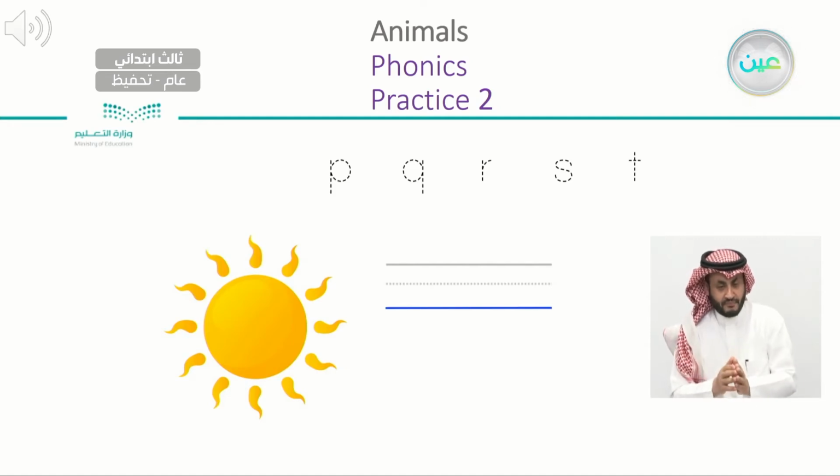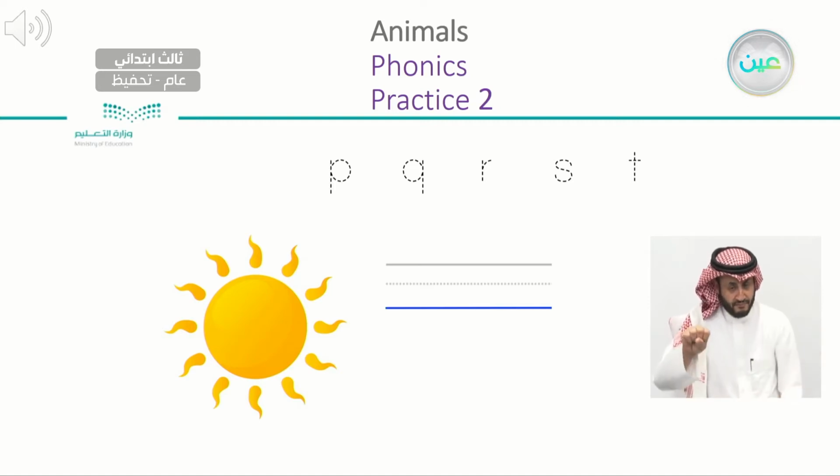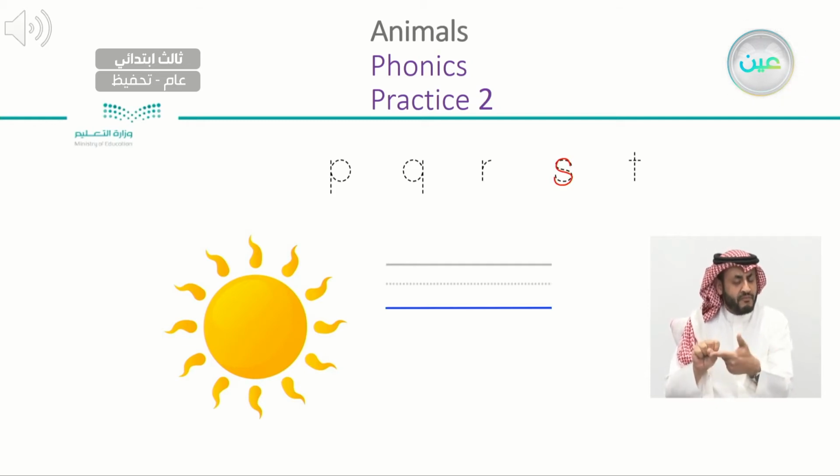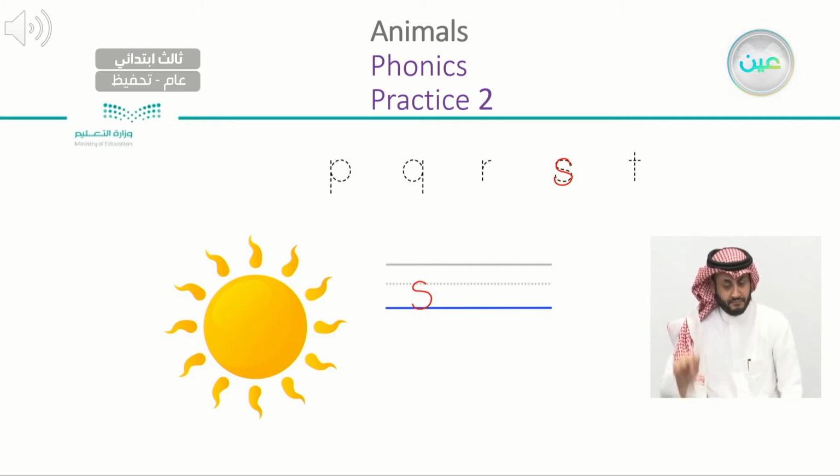Number 4. Sun. So the first sound is? The first sound is the letter S. Excellent. Sun.